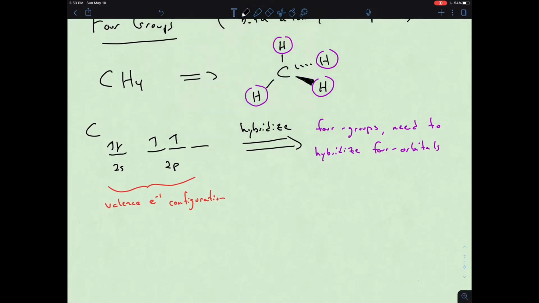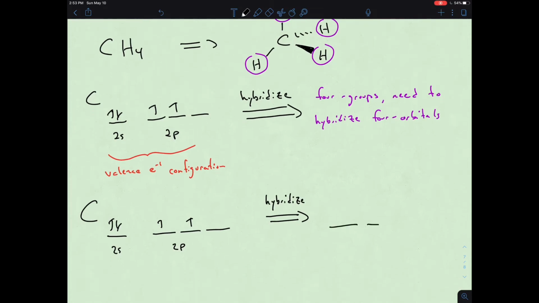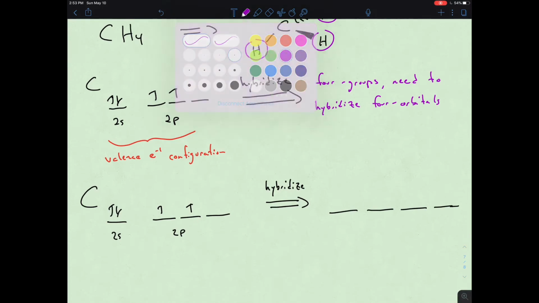So in looking at our carbon right now, we're hybridizing all of them, because that's as many as we've got.